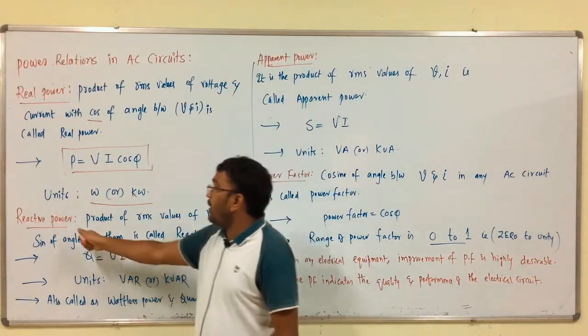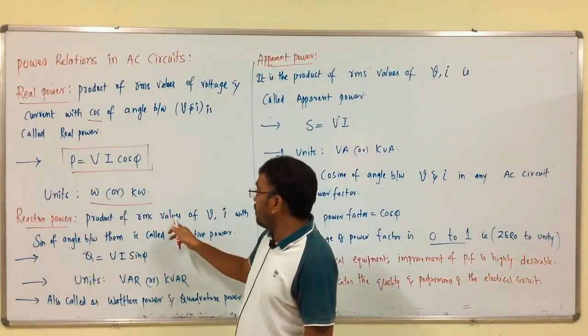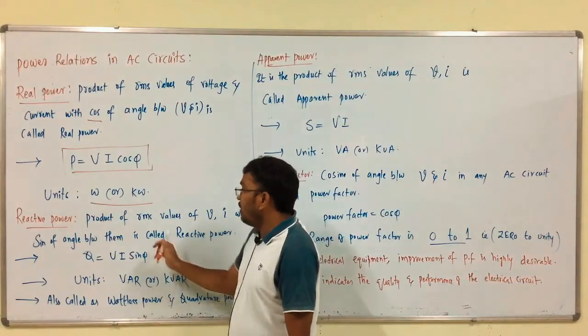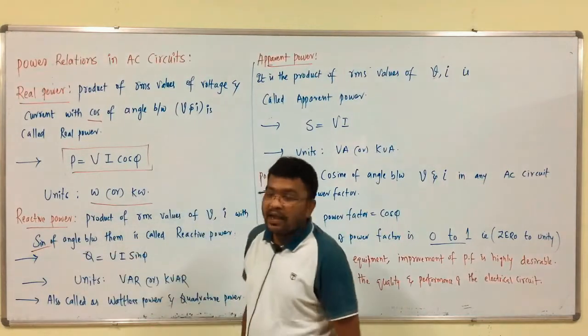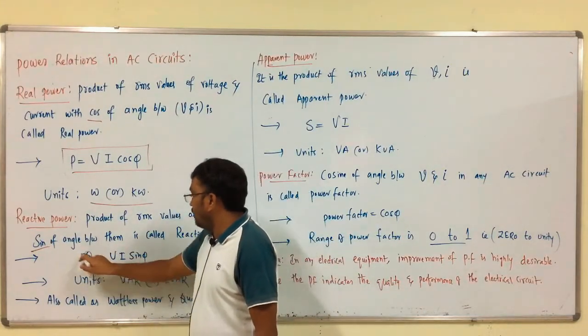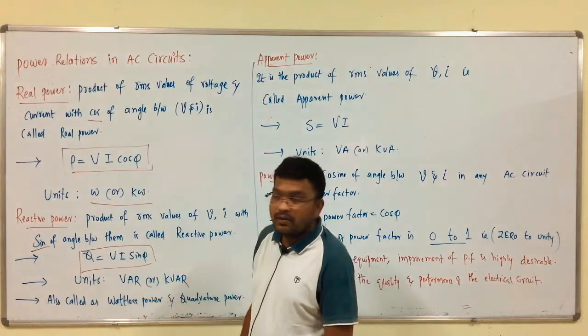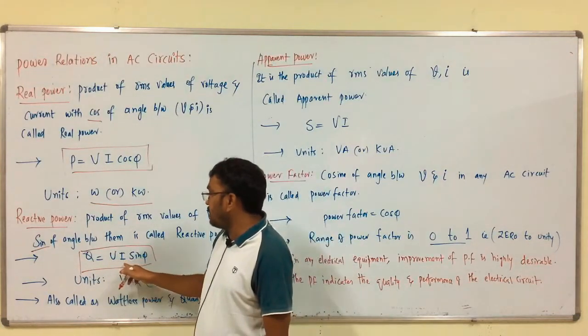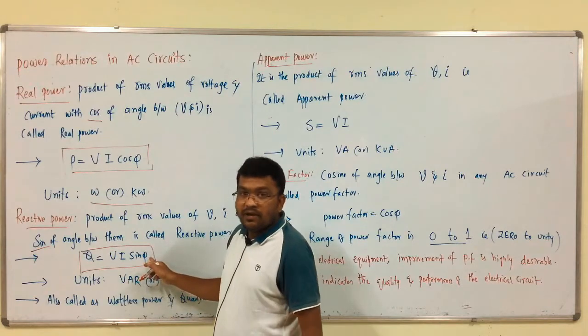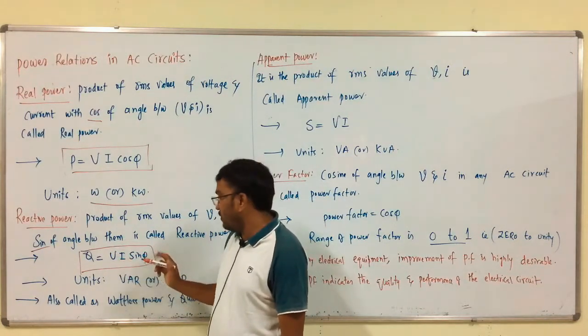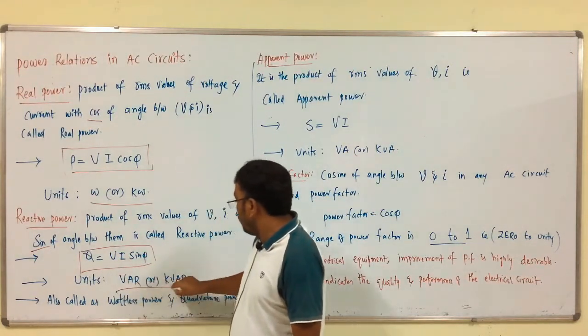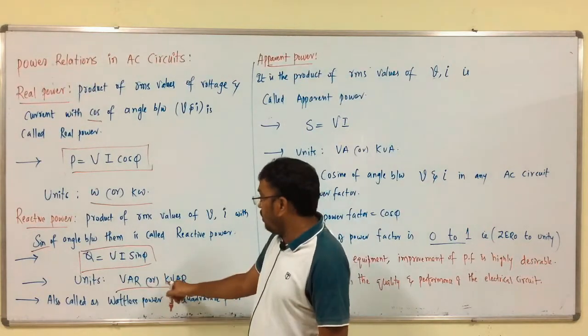Like this, reactive power is the product of RMS values of voltage and current with the sine of the angle between those two quantities. The representation is Q, which is Vrms into Irms into sin phi, where phi is the phase angle between voltage and current. The units are VAR or kVAR.